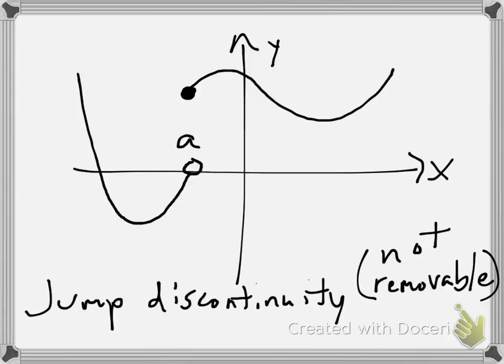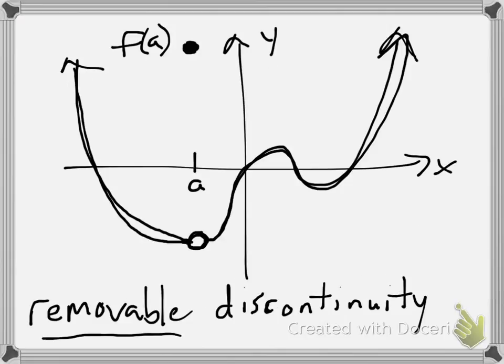Now, a jump discontinuity. A jump discontinuity is not removable. Here's why. So here's my graph, and I get up to the hole. A would be the x coordinate of the hole. Now here's what happens. Not only do I have a value up here, I jump to this point. Now you might say, well, Mr. Habit, I jumped to this point from up here.